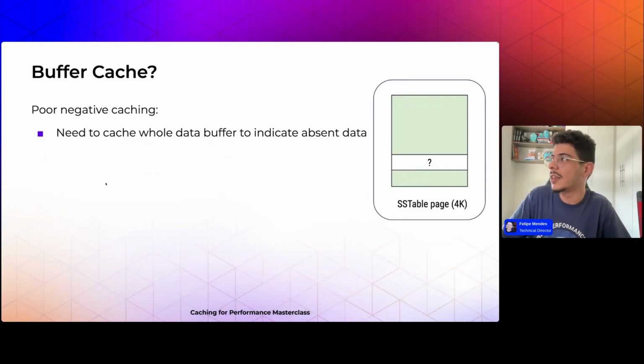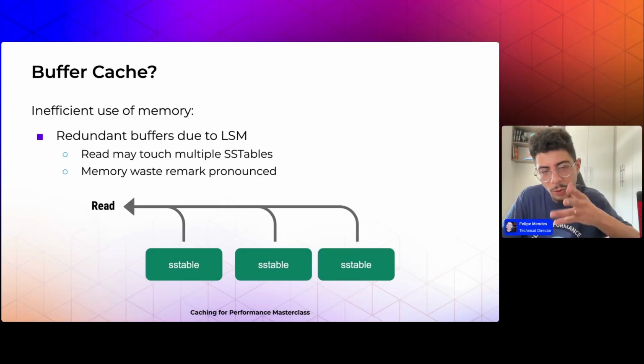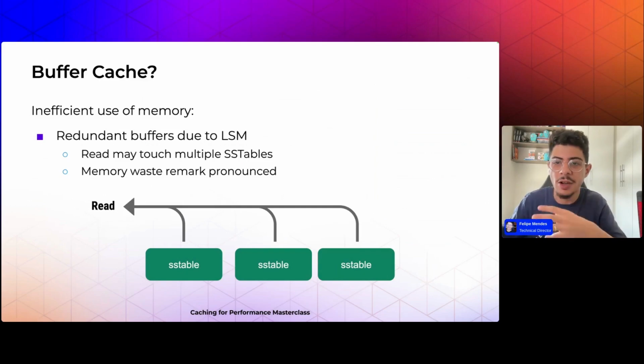And this again is very bad for latencies. Because ScyllaDB reads may require touching multiple SS tables, reading through a single or multiple rows may require caching several SS table buffers. And this pronounces the memory waste remark.